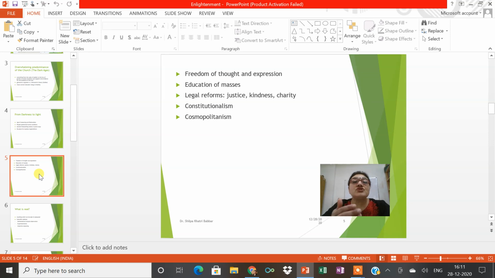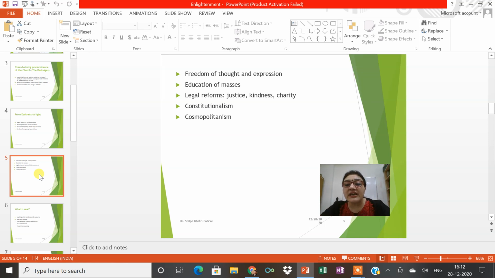And this education of masses led to a number of legal reforms. So you have ideas such as justice, kindness, charity, walking in. So there is sharing of resources, which is walking in. Two very important concepts which are available on your screen right now, as the second last and the last bullet. The second last states constitutionalism.